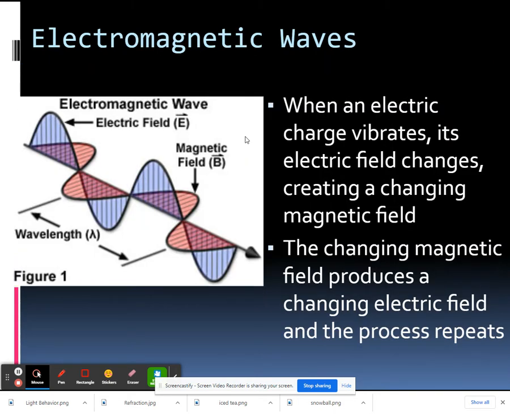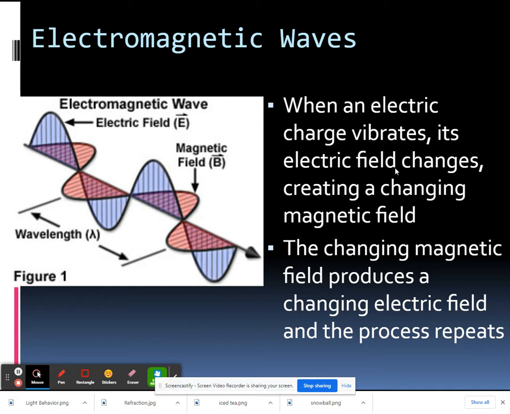So what happens is you've got an electric charge, which is represented by the portion of this wave that contributes to the blue part. And then you've got the magnetic field, which is the pink portion or the red portion. When you have an electric charge that's moving, vibrating, its electric field changes, creating a magnetic field.